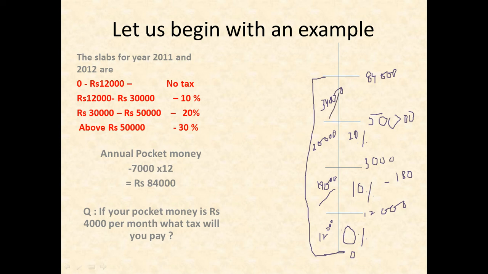You pay an income tax of, sorry, 30%. So these are the slabs. If you can see very clearly in the number line, it becomes very clear how the income tax is used.